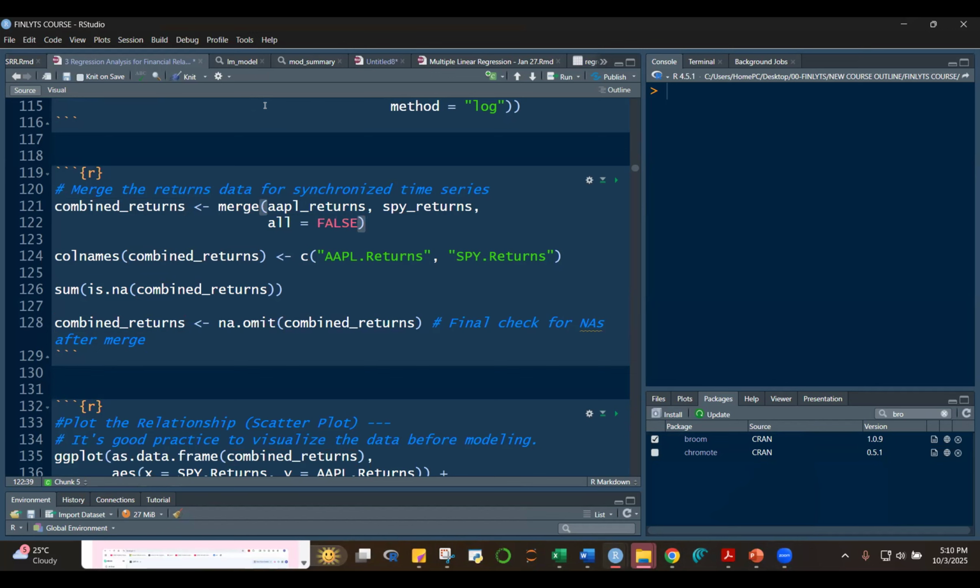Okay, so when you're done, again, please. Thank you, Katrina. So for the others, please merge. Tapos gawin nyo na rin to, last, no? Palitan nyo yung column names, Apple returns and SPY returns.